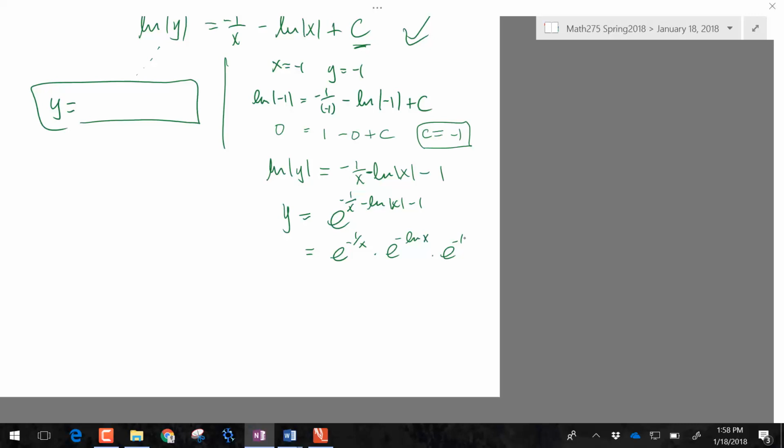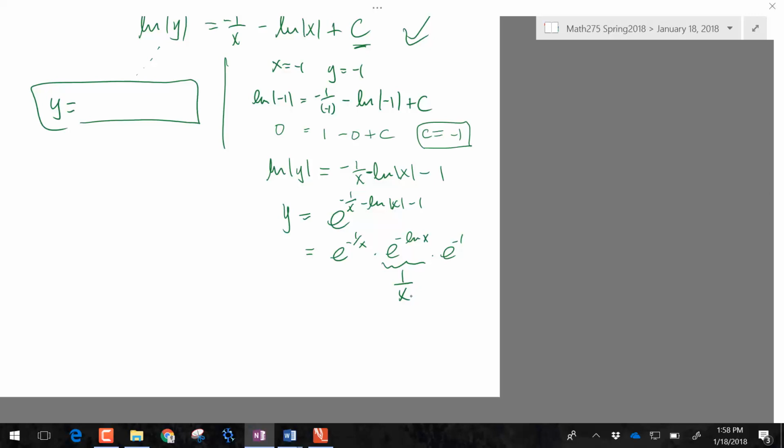This is minus x. Logs. The negative in front of the ln goes as a power of x.